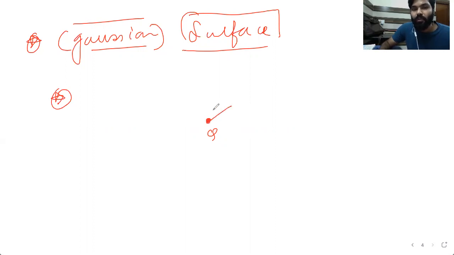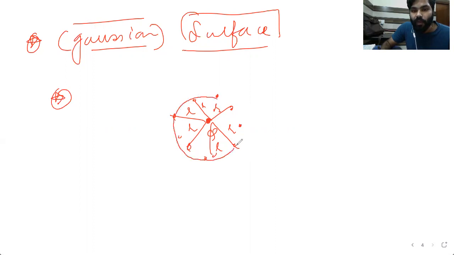As we move our distance in 3 dimensions from this point, you will get all these points have the same electric field, which is kq over r square. When you join these points and find the locus, you will find that it comes out to be a sphere. So the Gaussian surface for a point charge will always be a sphere.